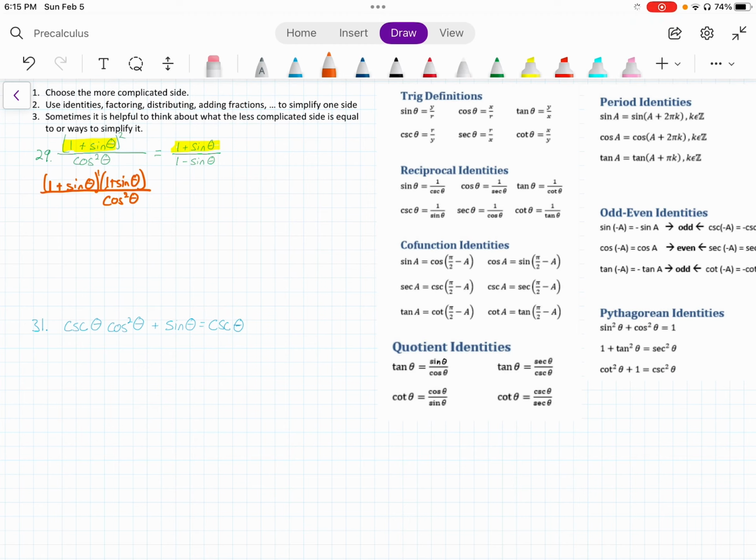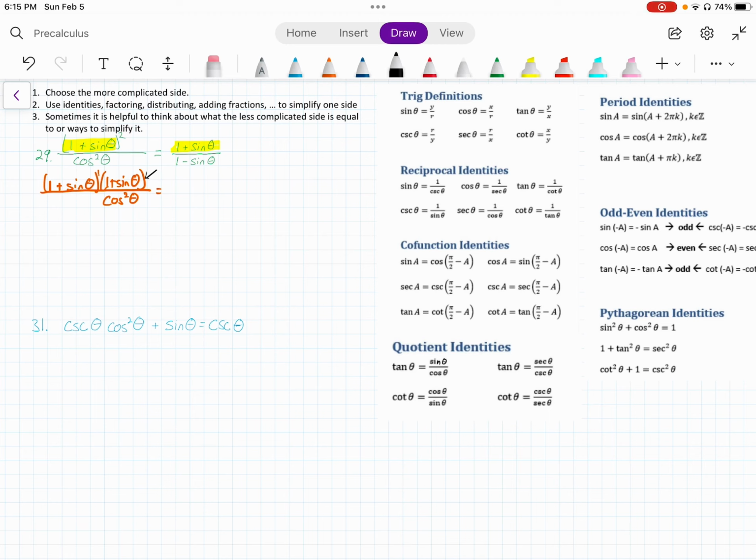We already have the 1 plus sine theta, which is what we want on top. How do we get what we want on the bottom? This is where it might take a little extra knowledge. I want to probably cancel this somehow. Well, how do I cancel that with a cosine squared?